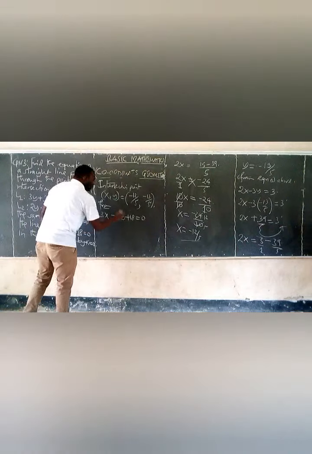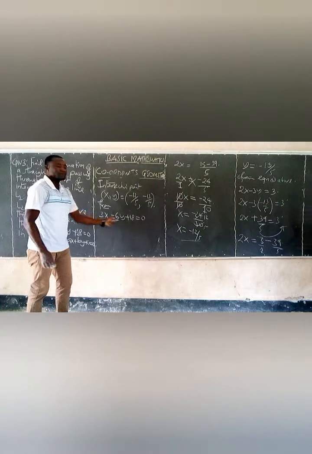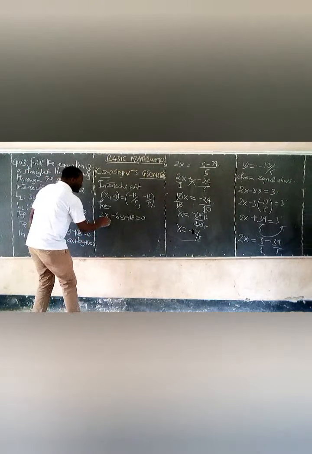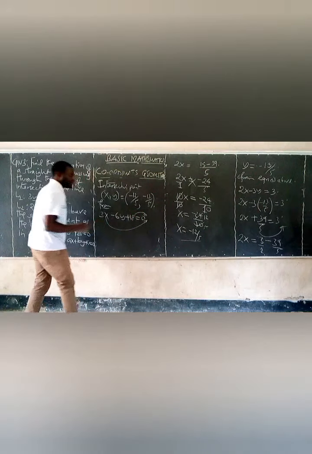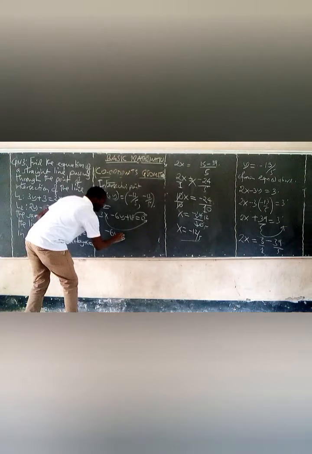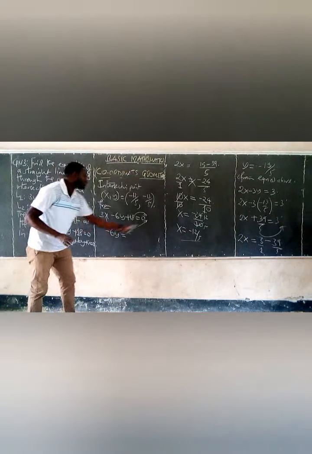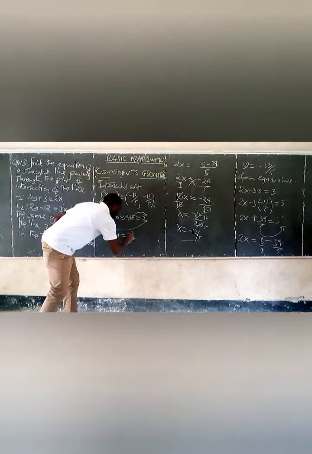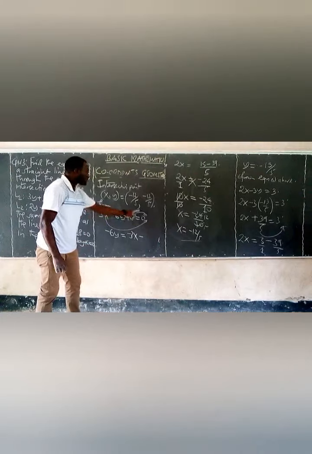So how are we going to obtain the gradient here? We are supposed to take the x term and the constant to the other side, so this side remains 6y. Once 3x is shifted to the other side, it will be negative 3x, then minus 18, since the positive becomes negative after crossing the equal sign.